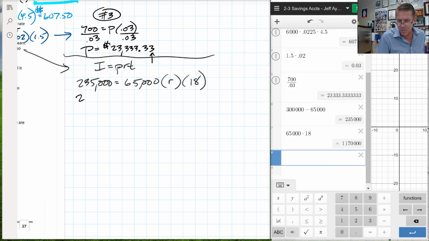But this is one way. So I have 235,000 is equal to these two multiplied together. I multiply 65,000 times 18, I get this big number, 1,170,000, times R. So now to solve for R, I got to divide both sides by 1,170,000.